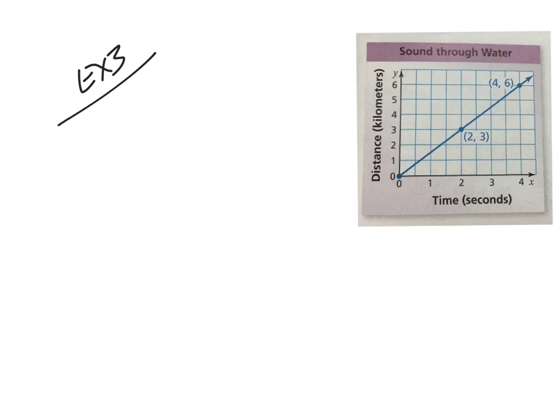So they've given you a graph, and we're discussing sound through water. They're discussing how long it takes for sound to travel through water, and they've measured it with kilometers and seconds. So the graph shows the distance that sound travels. Find the speed of sound in kilometers per second. So are we finding the rate or unit rate? The rate.